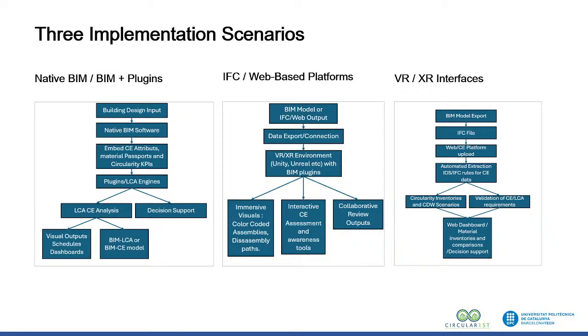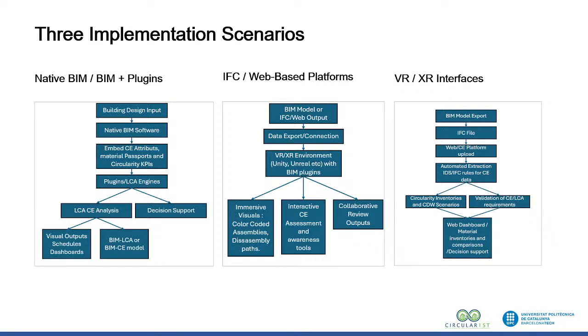Other papers were more based on IFC web-based platforms, where we developed a data export connection in which we can also include some visualization. And the other group were papers mainly focused on VR and XR interfaces, in which how we interact with the BIM models was much more developed.